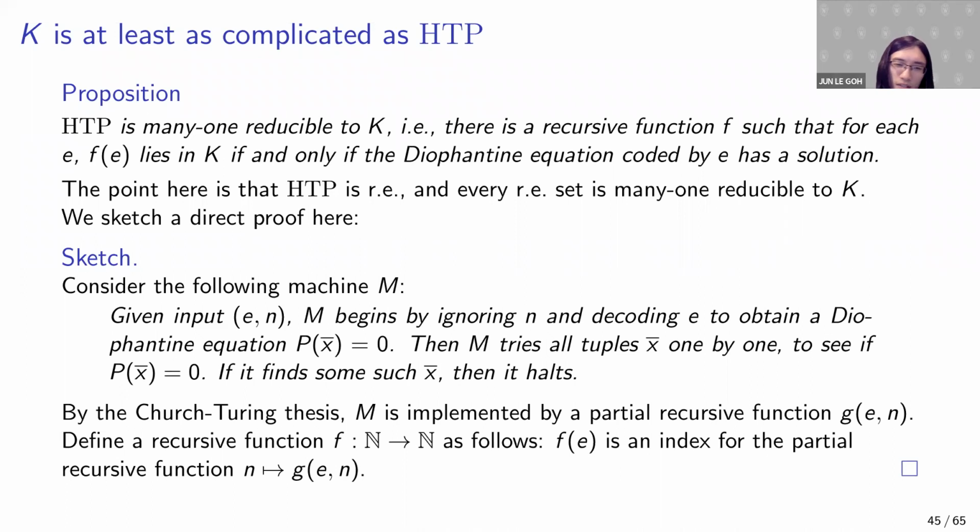This probably only makes sense if you remember what the halting problem is. So remember, the halting problem is the set of all e such that if you take the e-th machine and you run it on input e, then it eventually halts. So that's why we're talking about all these halting things in here.